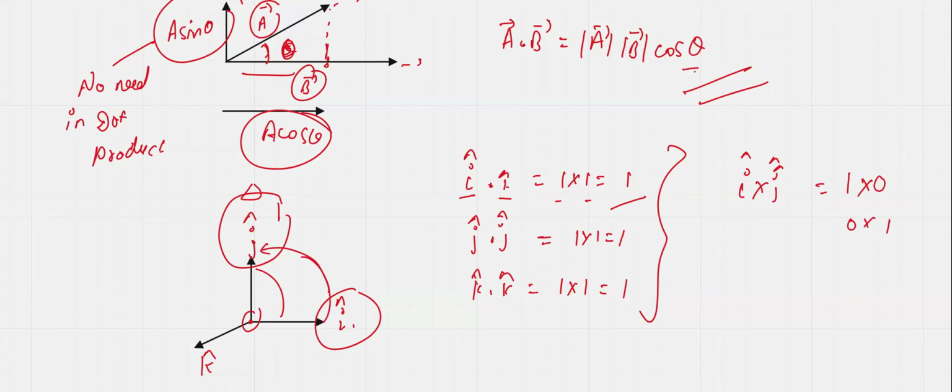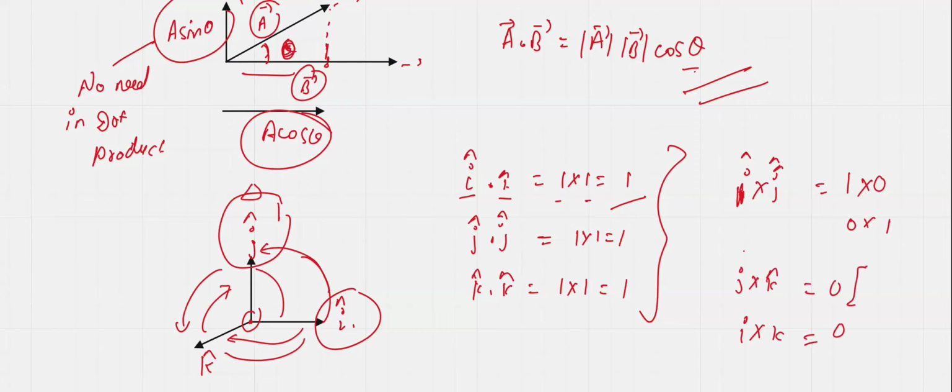Same you can do for this and this. So this is I into J, J into K, I into K: 0, 0, 0, either way. 1 into 0 and 0 into 1.